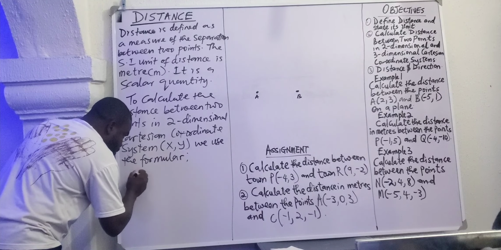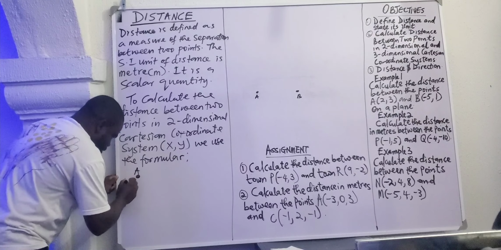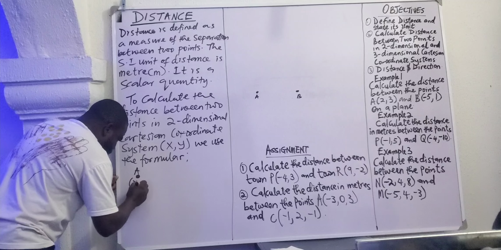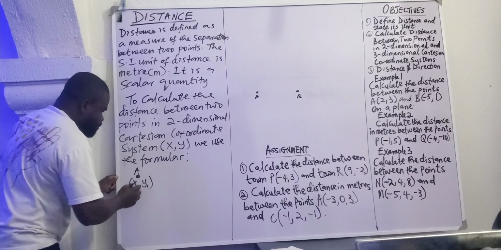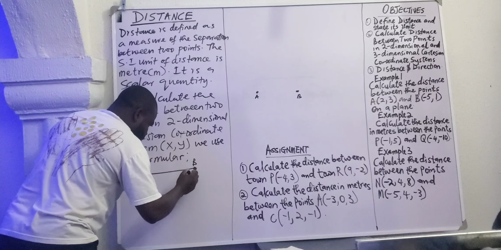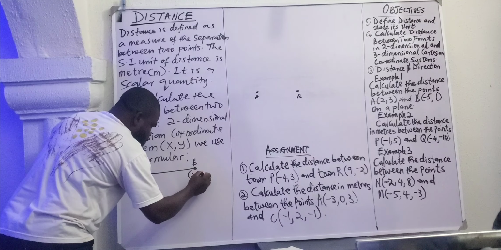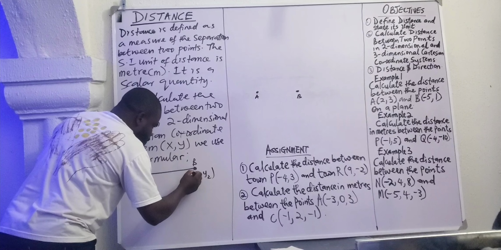So if we have point A given as x1, y1, separated from another point B, and B is given as x2, y2.